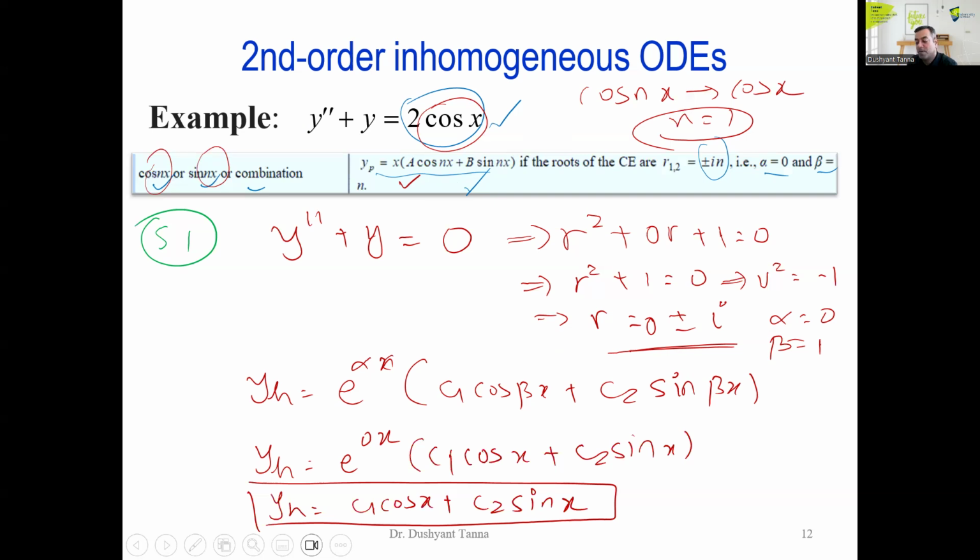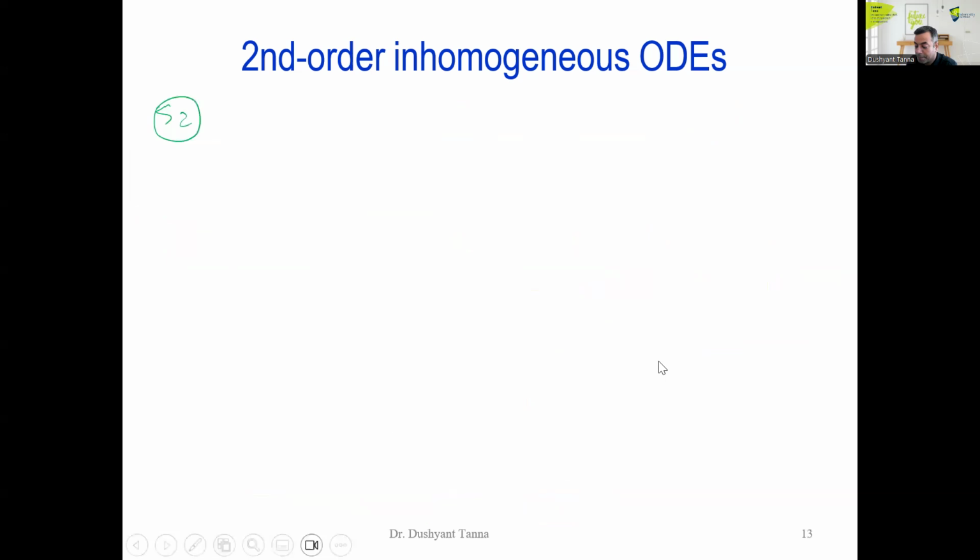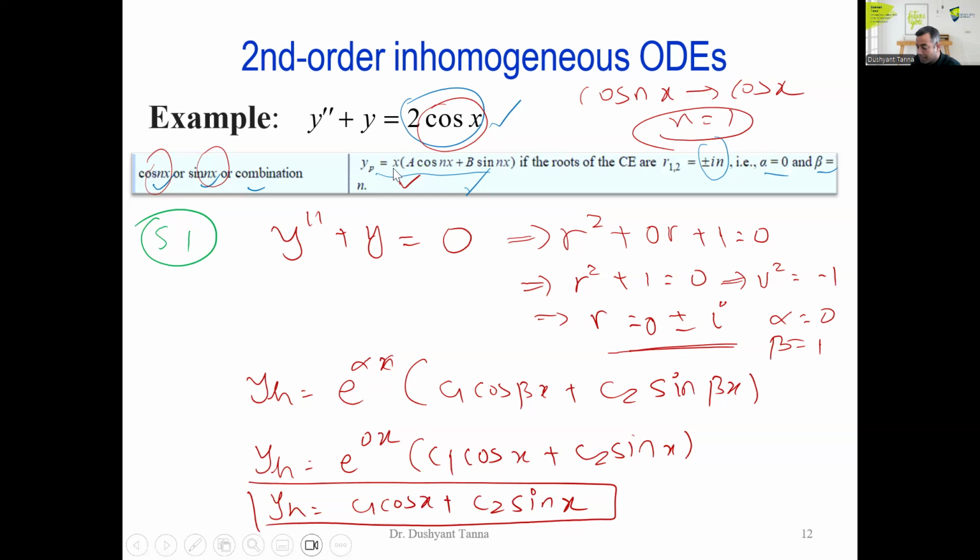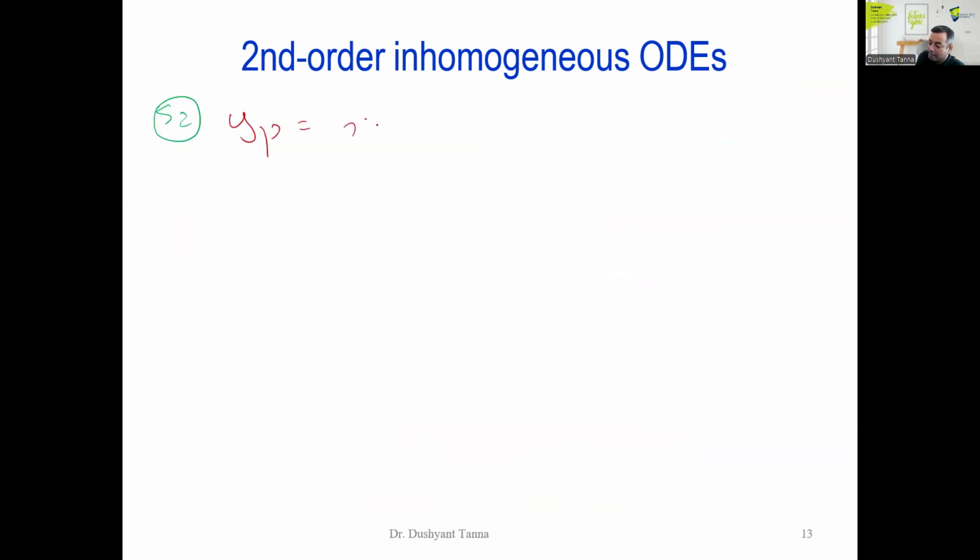But if you haven't, spend your time analyzing that this is the correct yp, right? My yp, I'll write it as it is first of all: x(A cos nx plus B sin nx). Okay, but n is 1.